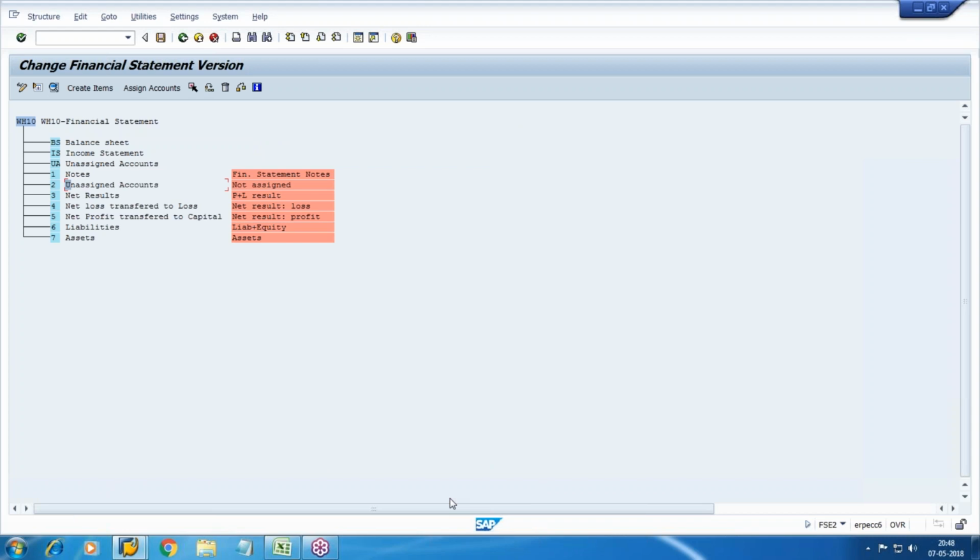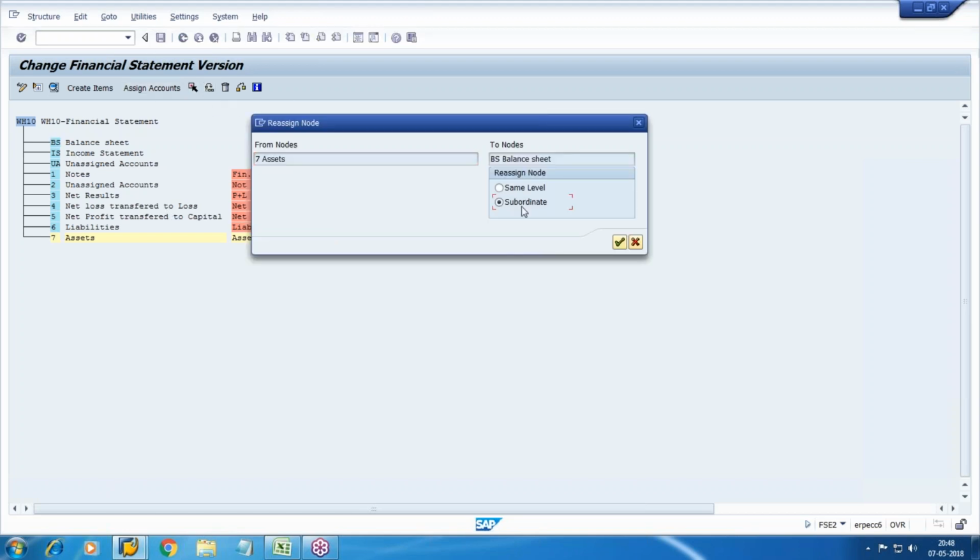Okay, now we will do the mapping. That means asset will go to under balance sheet, select it. So this one we will move, this one we will move to here. Select, then this one select, reassign.